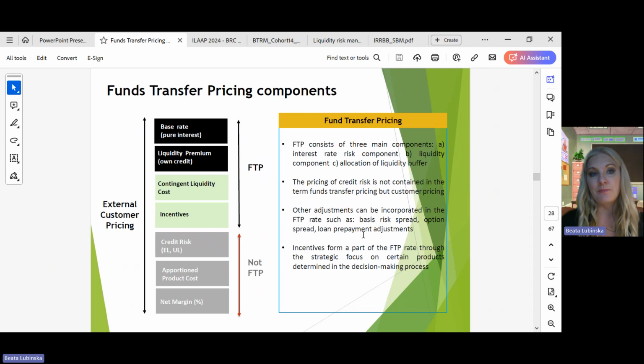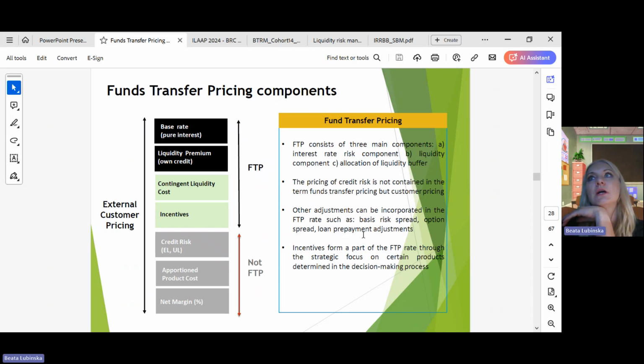So the higher the liquidity premium you have to pay in the market or in the deposit market, the higher the FTP you will be charging to your assets. And of course, this is the natural consequence of the fact that assets are consuming liquidity, and the cost of this liquidity for a particular tenor is provided by the FTP curve.